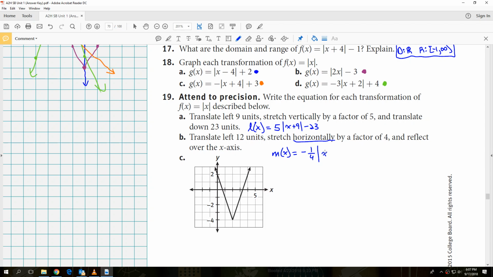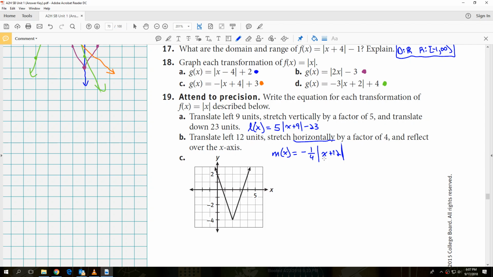Okay, so, and we have, let's see, we're going left 12 units, so that would be x plus 12. Remember the opposite for horizontal. And let's see here. Is it going up at all or down? Doesn't look like it. So this guy right here is going to be our answer.